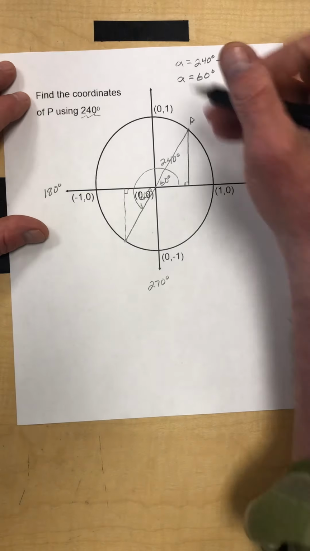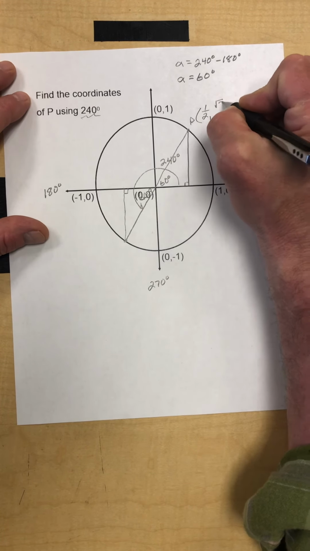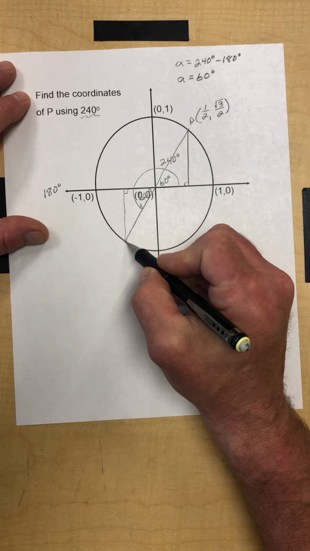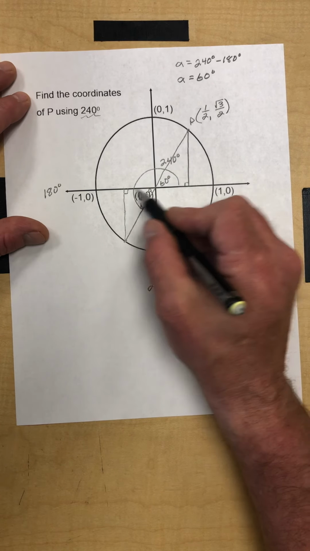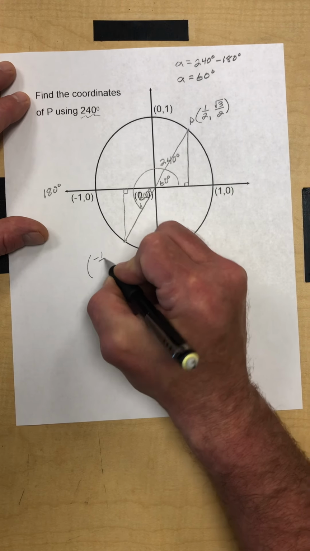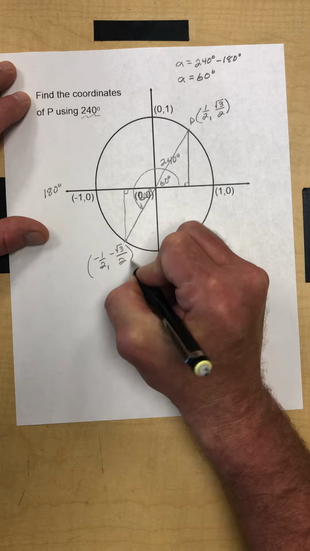Okay, so let's see if this guy is 1/2 and radical 3 over 2, and this guy is a reflection of that. All I have to do is account for going from quadrant 1 to quadrant 3, where my x-coordinate's negative, my y-coordinate's negative. So this would be a negative 1/2 and a negative radical 3 over 2.